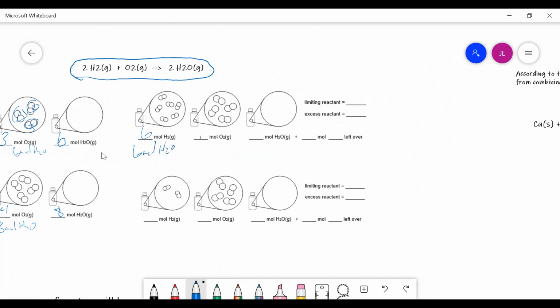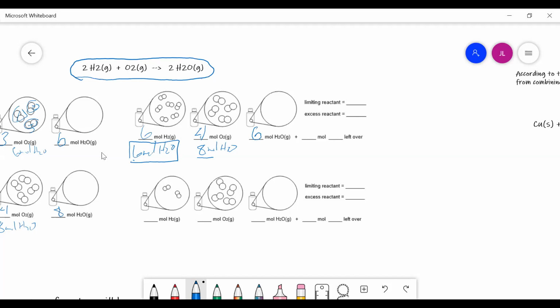And I'll show you the math in a minute. 1, 2, 3, 4 moles of oxygen would end up giving us 8 moles of water. Well, we want to look at the one that makes the least amount. So we're looking at 6 compared to 8. 6 is lower than 8, so we know we're only going to make 6 moles of water.